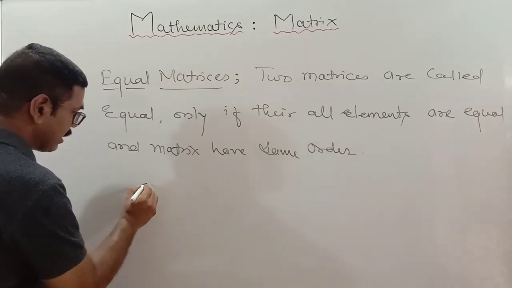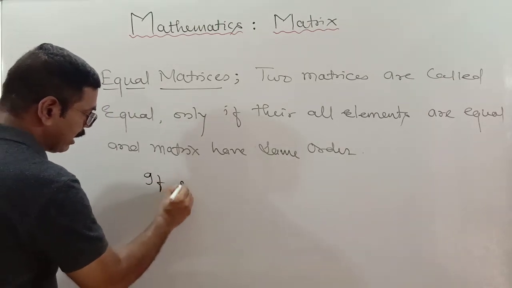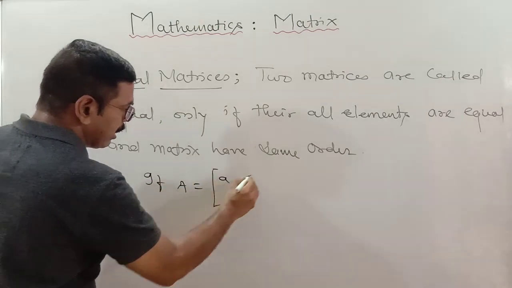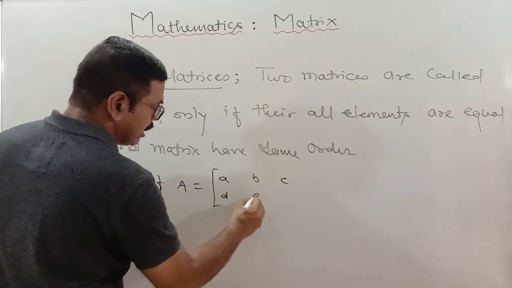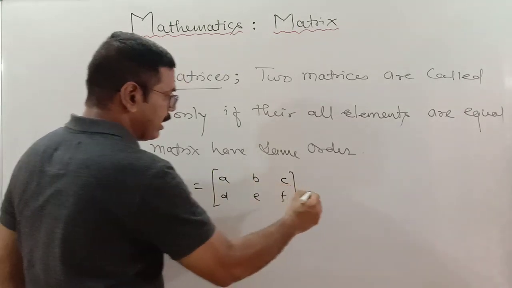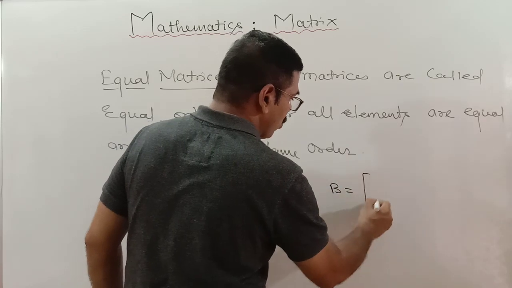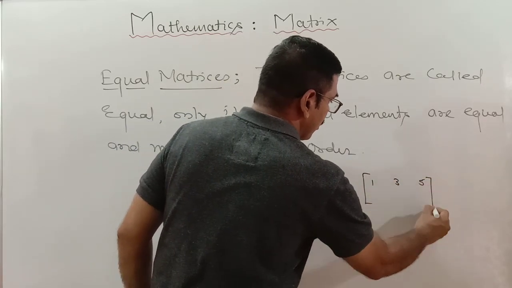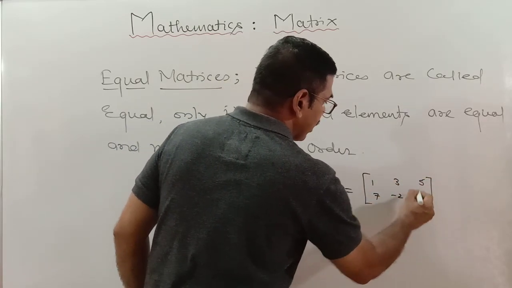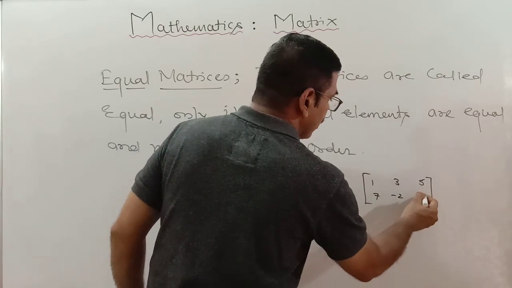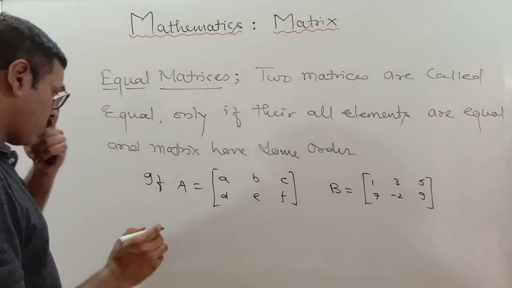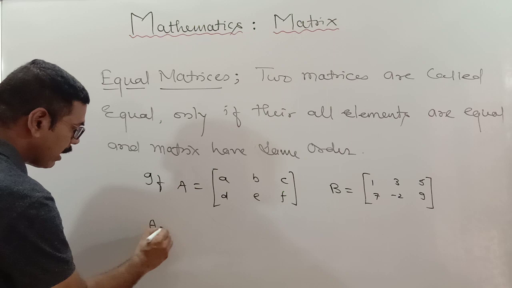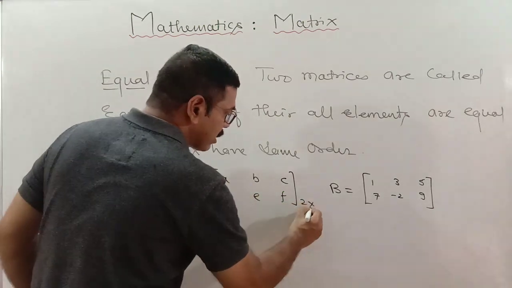Like if A is equal to a, b, c, d, e, f and B is equal to 1, 3, 5, 7, minus 2, 9 suppose. So A, its order is 2 cross 3.